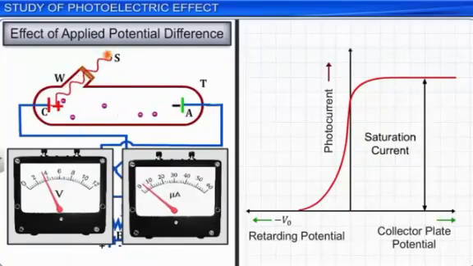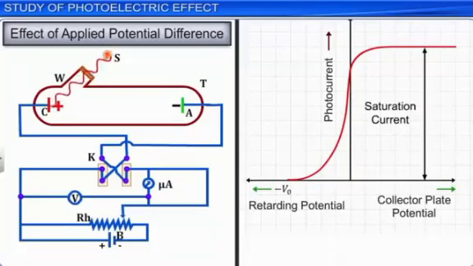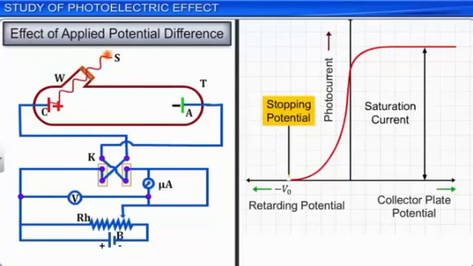As you continue to increase the retarding potential, at a particular voltage -V0 applied to the anode, you will notice that the photoelectric current becomes zero. The minimum negative potential V0 applied to the anode for which the photoelectric current becomes zero is called the stopping potential or cut-off potential.